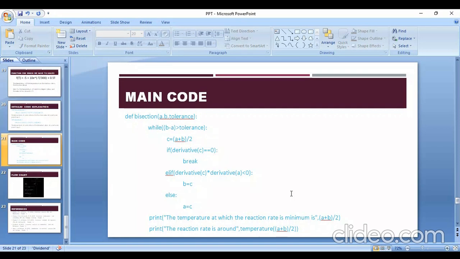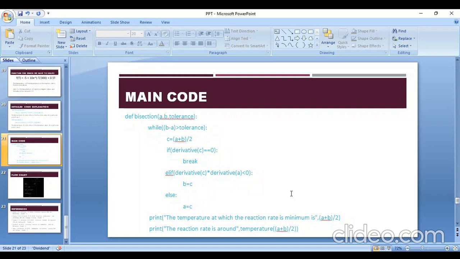So here is the main code. It has a function named bisection and it takes three input parameters A, B and tolerance, which are initialized in the below program before calling the function named bisection. It has a while loop in it and it has a condition where interval length should be greater than tolerance.